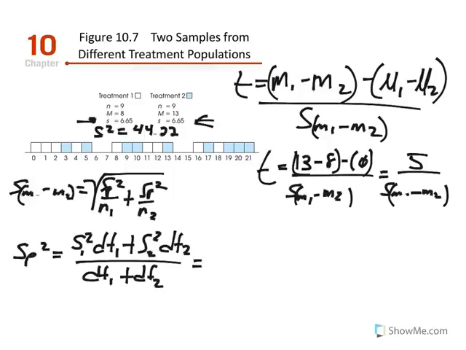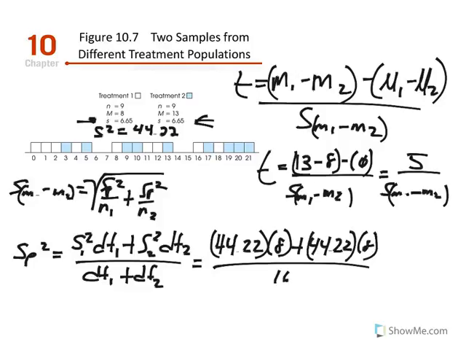So now we can replace variables in our pooled variance equation and state that our pooled variance is equal to 44.22 multiplied by 8 plus 44.22 multiplied by 8, over 16, and that gives us, in our calculators, it should be no surprise, 44.22, because the pooled variance represents the average of the two variances of the samples that we are testing.